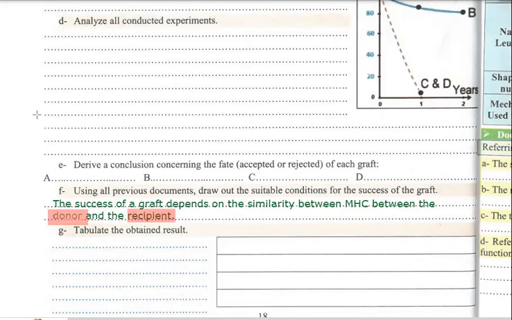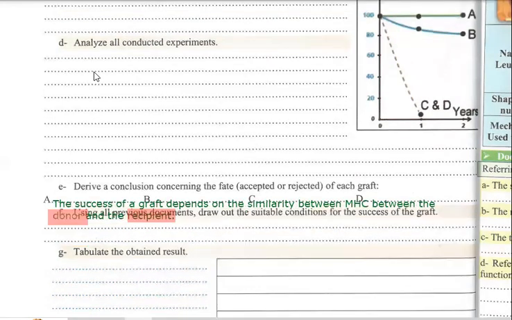Tabulate means make it as a table. The obtained results, we will go to the graph and turn it into a table.